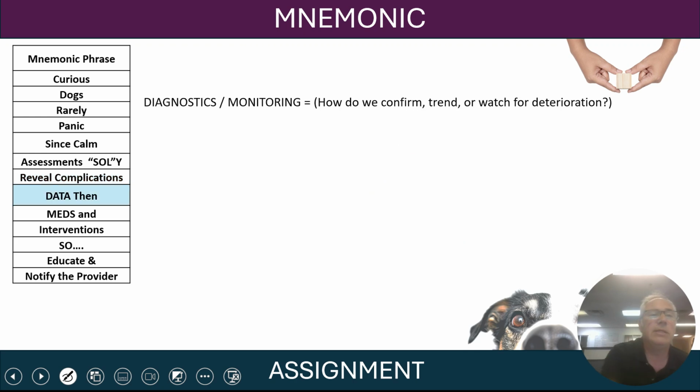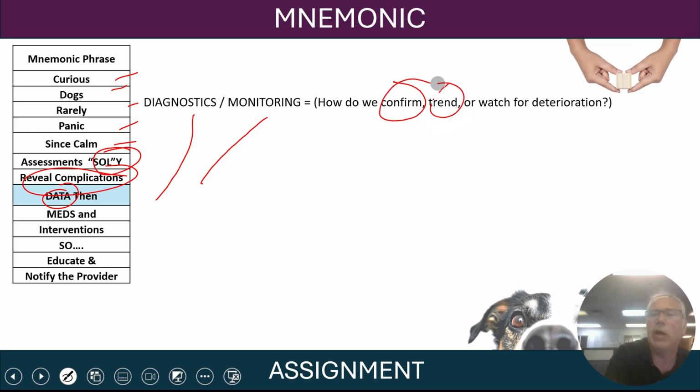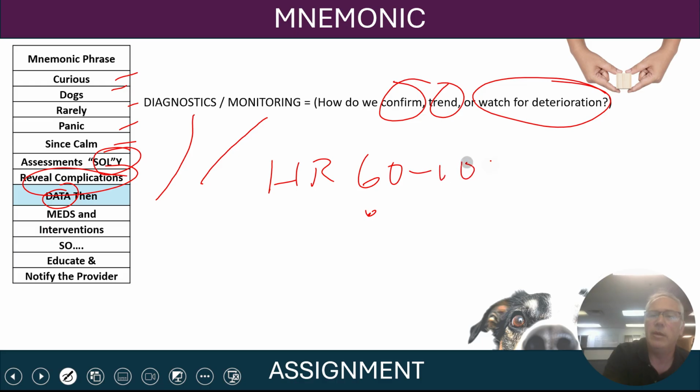The next thing is "Curious Dogs Really Panic Since Calm Assessments Solely Reveal Complications": data, diagnostics, and monitoring. How do we confirm, trend, or watch for deterioration? That might be as simple as heart rate, where the normal heart rate is 60 to 100. But then later on, you see the heart rate was 60, now it's 90, then it's 100.